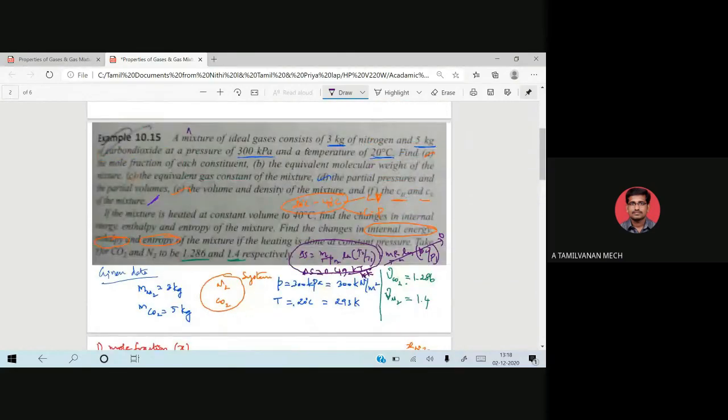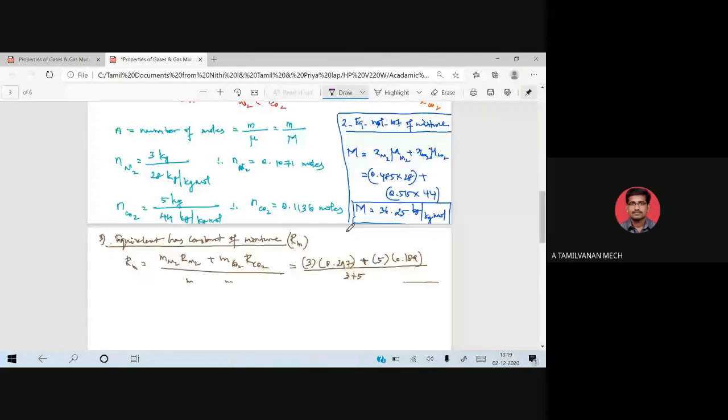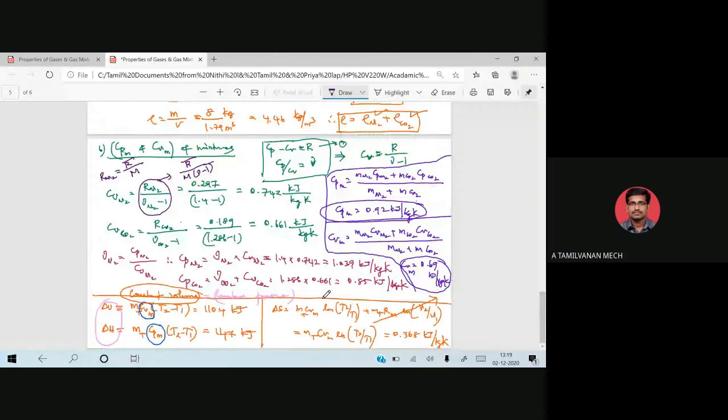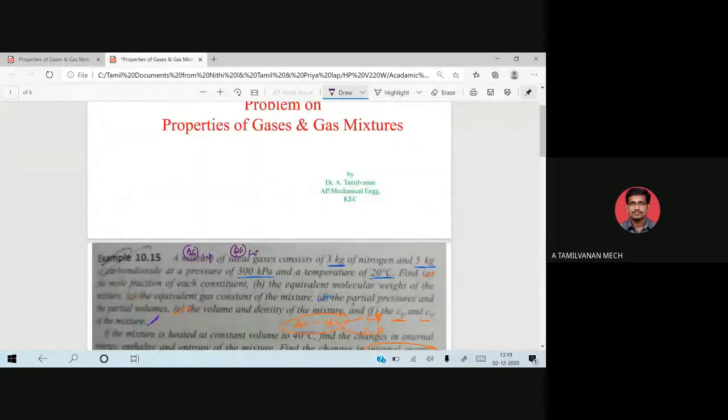Constant pressure, because at constant volume we have an entropy change of about 0.36, and this value is about 0.49. So at constant pressure we have a larger entropy change.